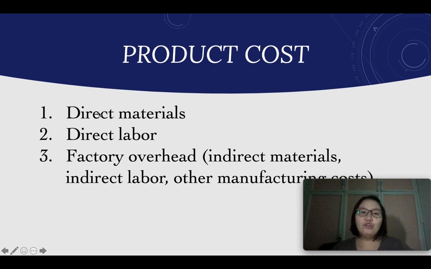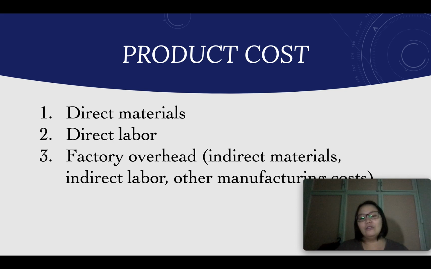Its cost can easily be traced to the finished product. And the indirect materials, since they are indirect, their cost cannot be easily traced. So what we do is we just allocate. Later on, I will give an example.